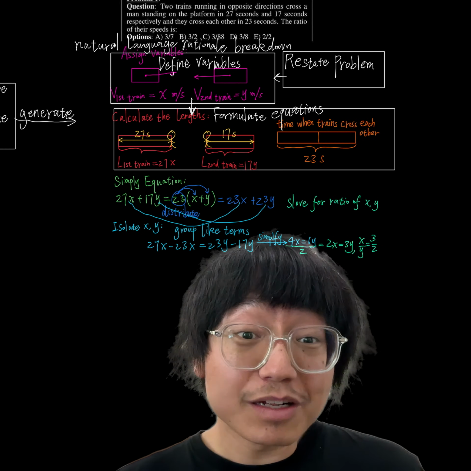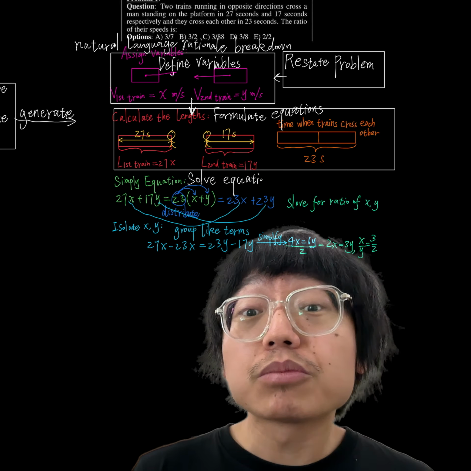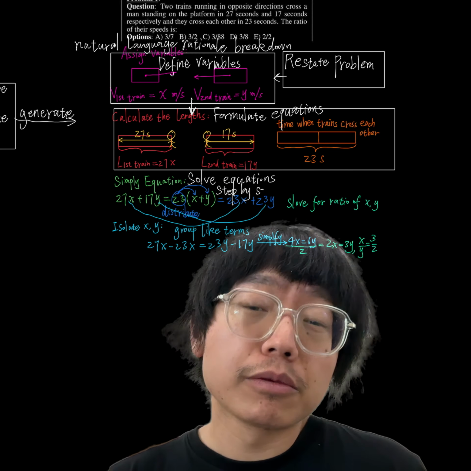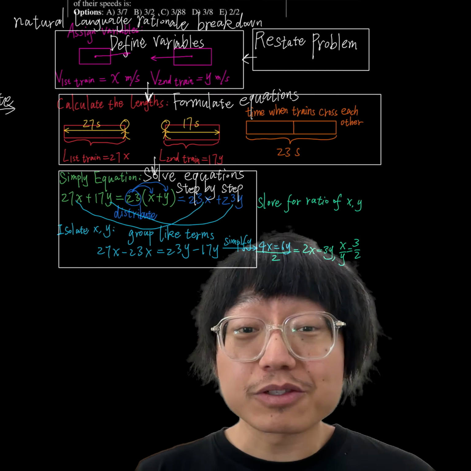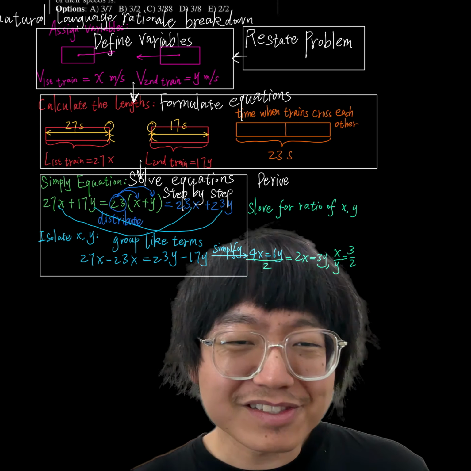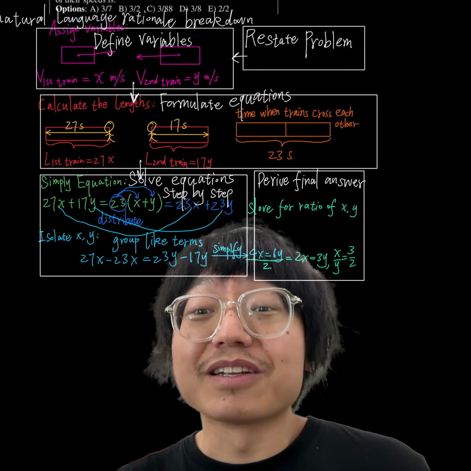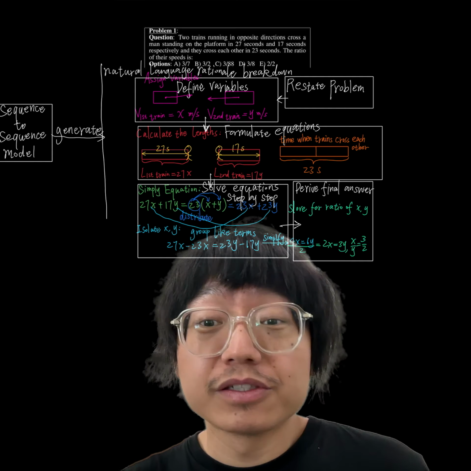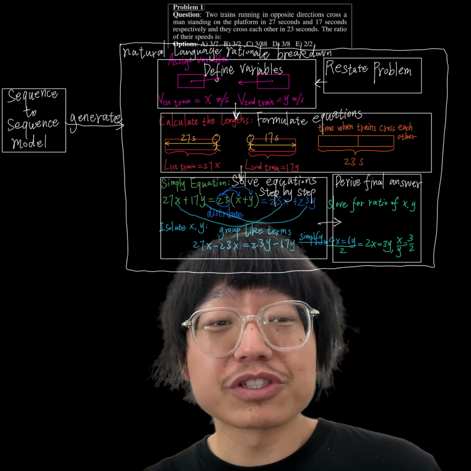And the fourth step is to solve the equations step by step. The model performs algebraic manipulation, which explains each step in natural language. And the final step is to derive the final answer. After we simplify the equation, the model arrives at the correct ratio, which is 3/2, and explains how it arrived at this solution.